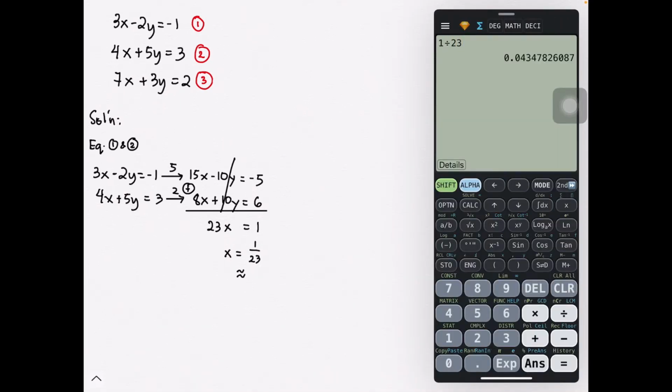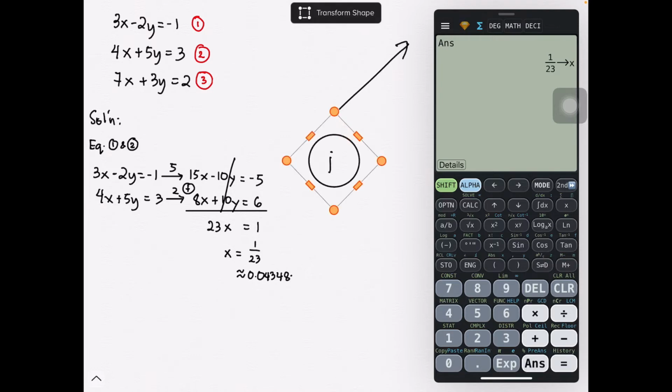For our checking purposes later, let us save the value for our variable x, which is 1 over 23, to our scientific calculator. If you want to know how to save data in your scientific calculator, I have a raw video on how to save this in 3 types of calculator.